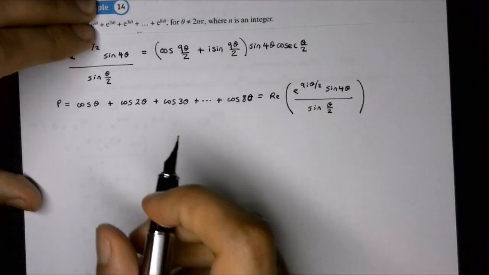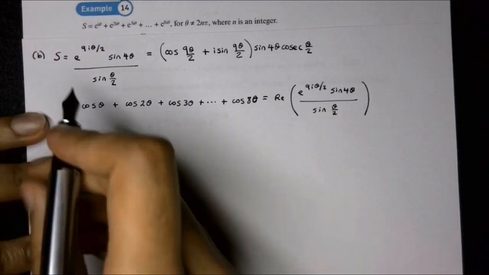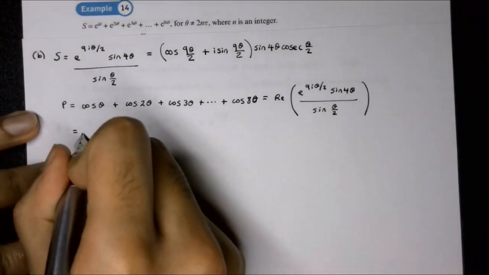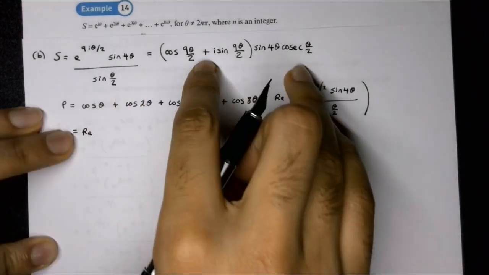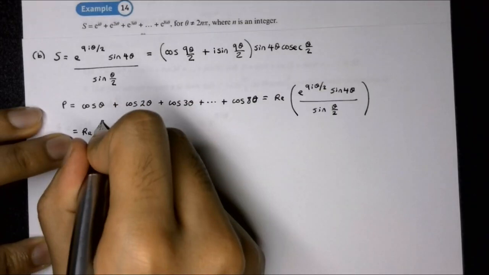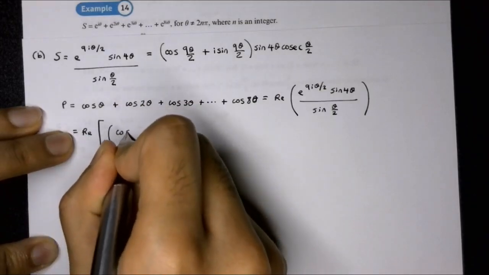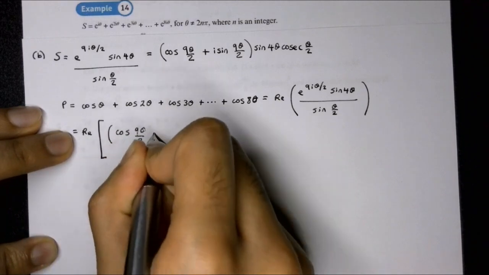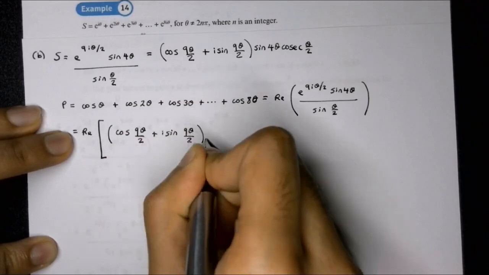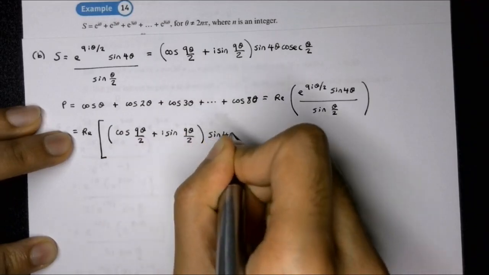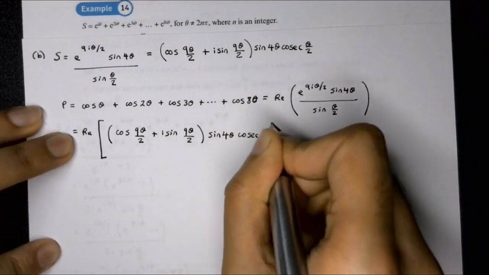So, what we're looking for in this question, P is equal to the real part of this result over here. So we're looking at the real part of cos 9 theta over 2 plus i sine of 9 theta over 2 times by sine 4 theta times by cosec of theta over 2.